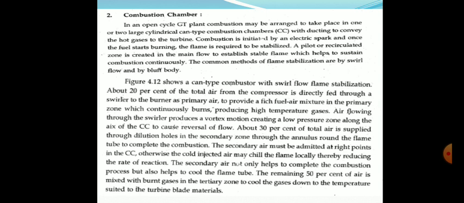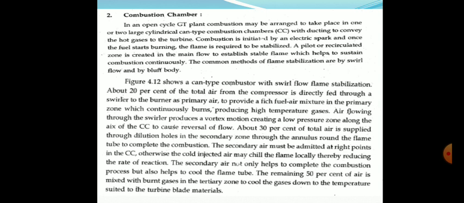Combustion chamber. In an open cycle gas turbine plant, combustion may be arranged to take place in one or two large cylindrical can type combustion chambers with ducting to convey the hot gases to the turbine. Combustion is initiated by an electric spark, and once the fuel starts burning, the flame is required to be stabilized.